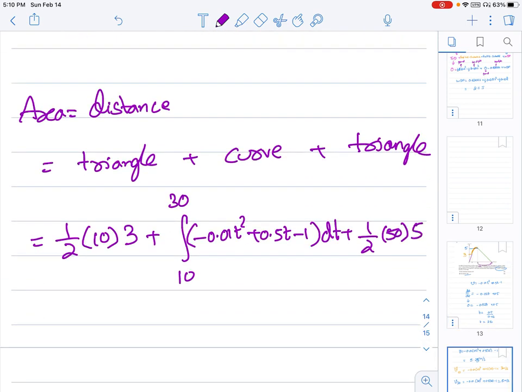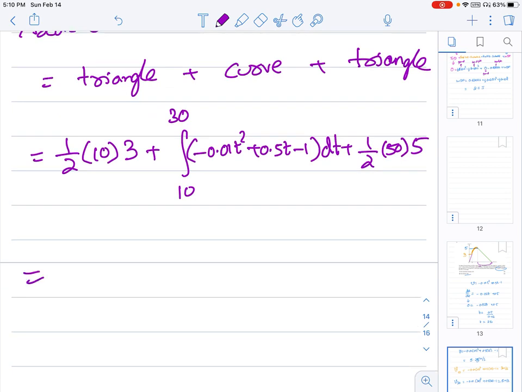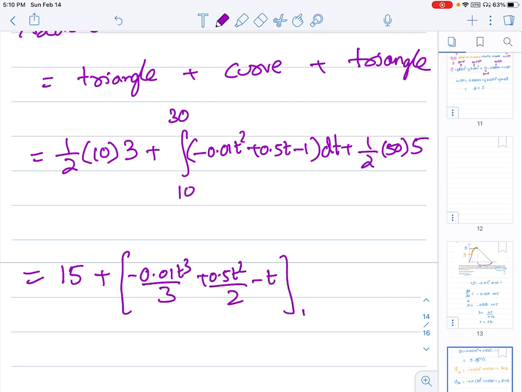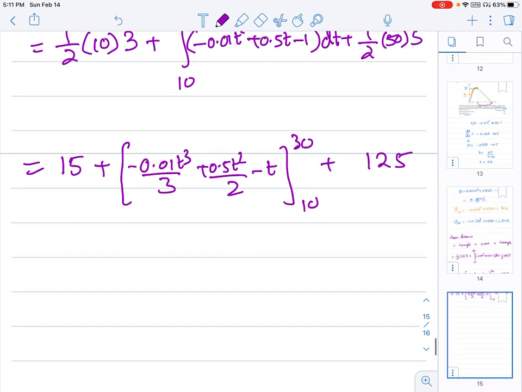So half times 50 times 5, which is 125. The first triangle becomes 15, plus the integral of minus 0.01 t cube by 3 plus 0.5 t squared by 2 minus t from limits 10 to 30, plus 250 by 2, which is 125.